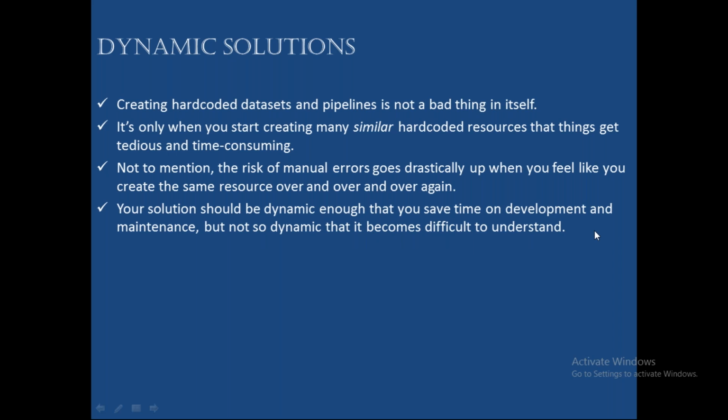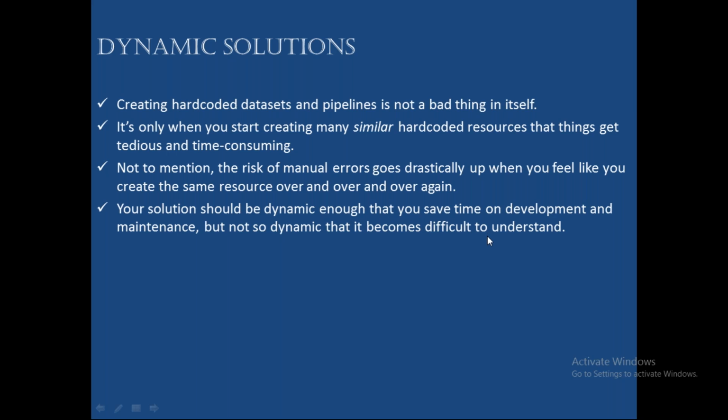Many people create something so dynamic that nobody can understand it. You need to think, if something goes wrong in production, you should be able to debug it. So make it dynamic, but not too dynamic. If it is too dynamic, it is difficult to debug in production if you receive any errors.